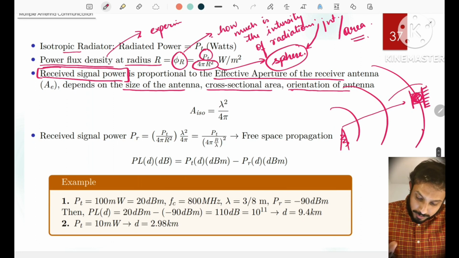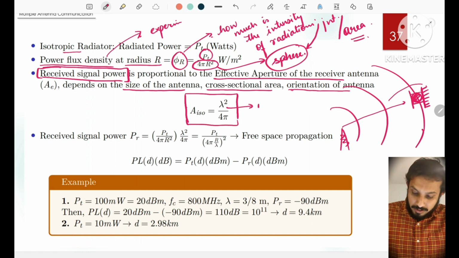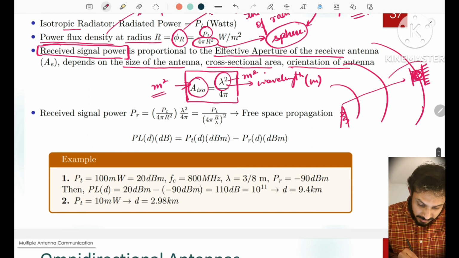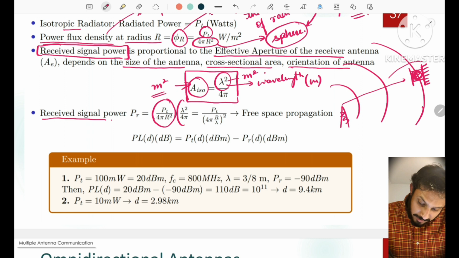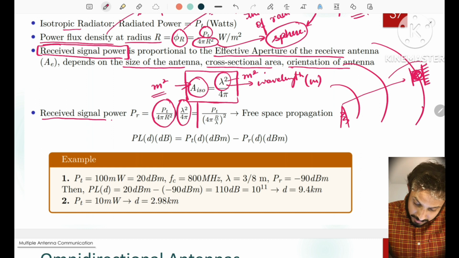In the case of an isotropic antenna, the effective area of the receiver is constant and it depends on lambda, that is the wavelength. This is in meters, so lambda square is in meter square, and the area of the isotropic receiver is also in meter square. Then the received signal power is given as the multiplication of the power flux density and the effective area of the receiver, and we get Pt upon 4 pi r by lambda whole square.